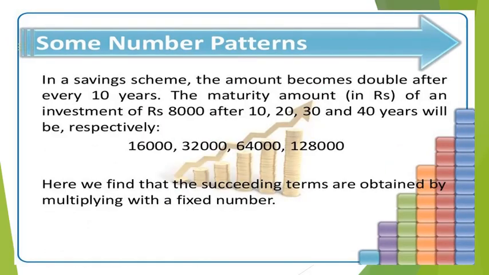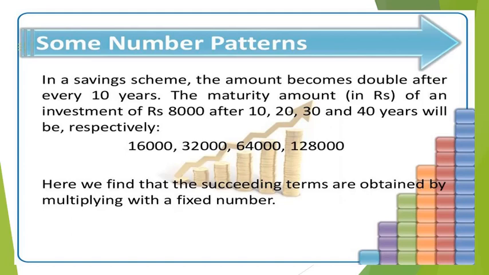Let's have a look at another example. In a saving scheme, the amount becomes double. I repeat, the amount becomes double after every 10 years. The maturity amount in rupees of an investment of rupees 8000 after 10, 20, 30 and 40 years will be respectively 16,000, 32,000, 64,000 and 1,28,000.